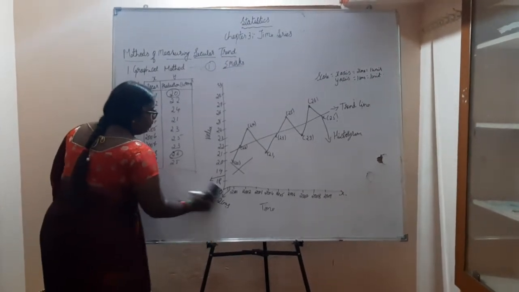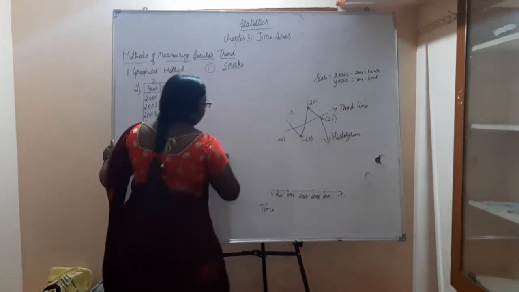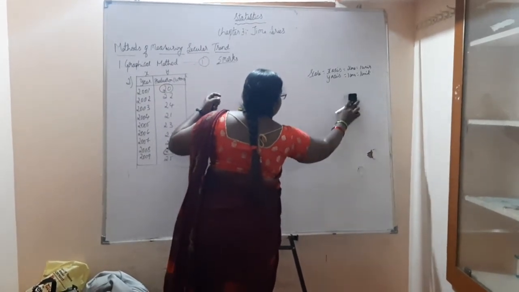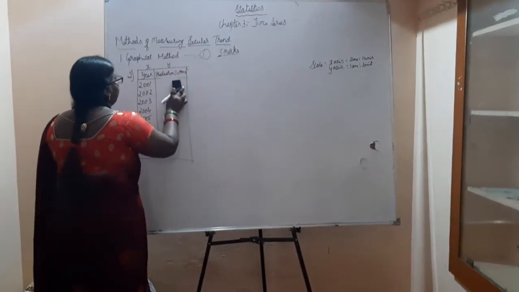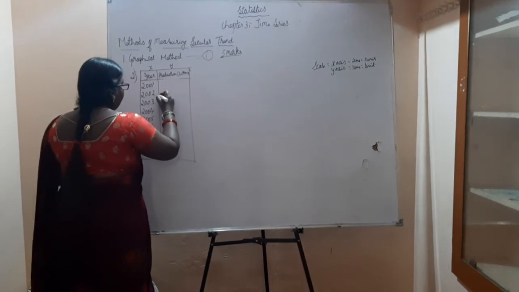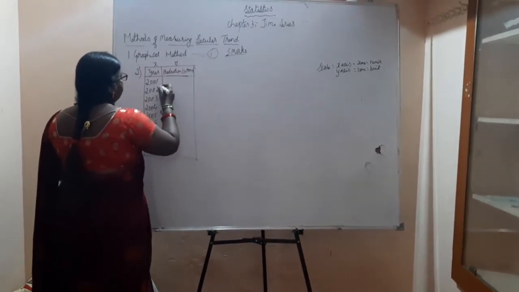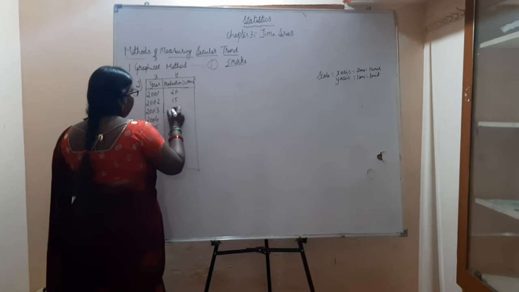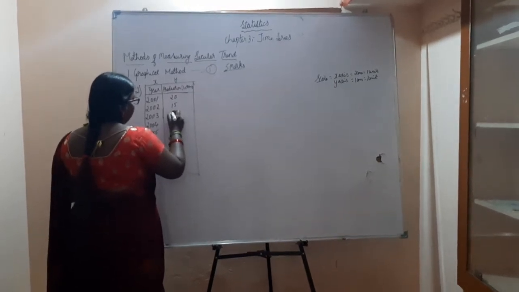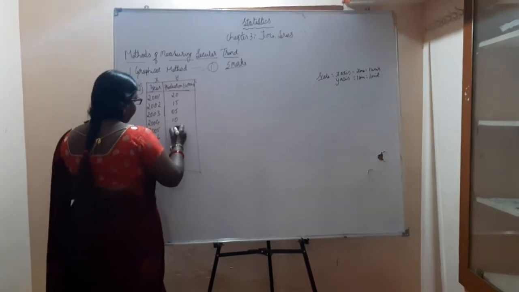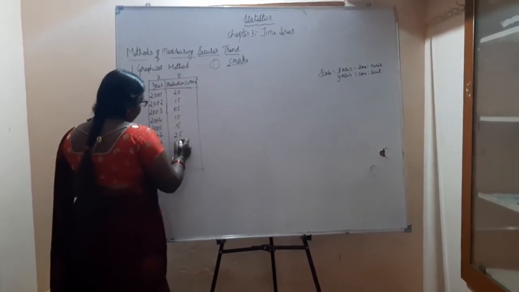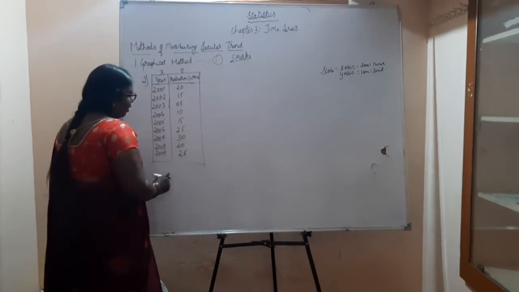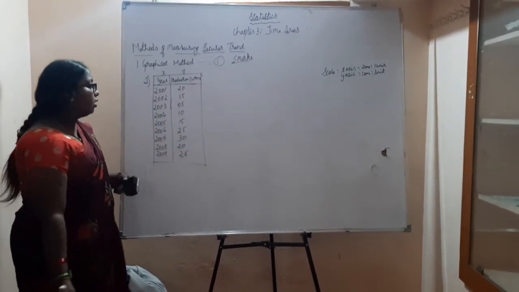Here everything will be the same, I'm just going to change the values. My values start here: 20, 15, then 5, then 10, then 15, 25, 30, then 20, then 25. So this is an example graph to show you how the downward trend will look.